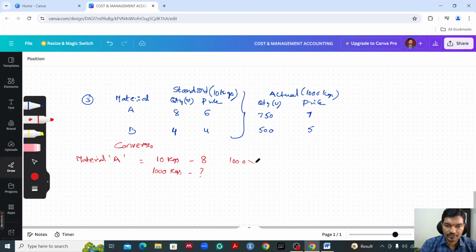Cross multiplication: 1000 into 8 divided by 10. 10 ones are 10, 100. 100 into 8 is 800. So for material A, the standard quantity is 800 kgs.